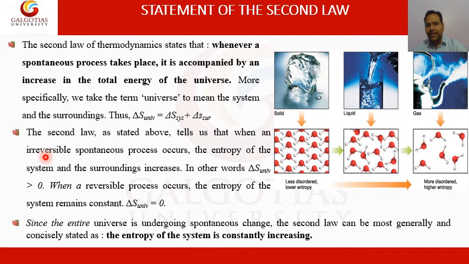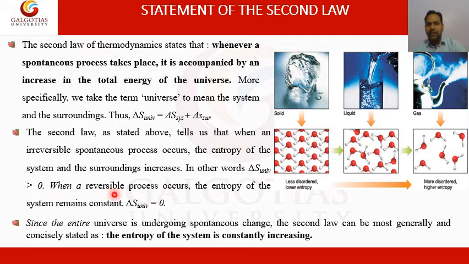So the second law as stated above tells us that when an irreversible spontaneous process occurs, the entropy of the system and the surroundings increases. In other words, delta S universe is greater than 0.